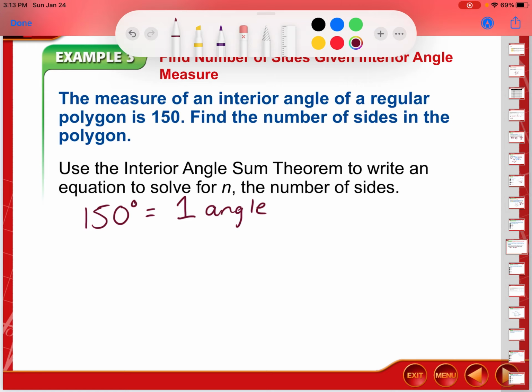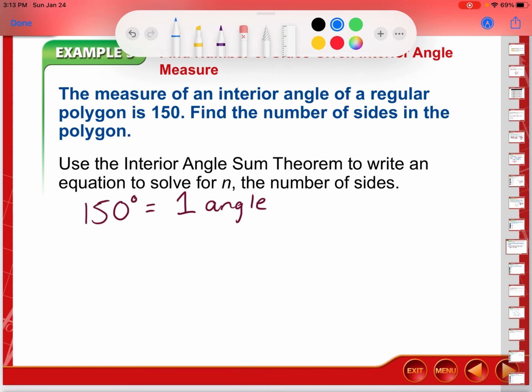So here's how I like to do it. I like to set up this formula. This is a formula I would also put in your notes if I was you. So I say 180 minus whatever angle they give you.